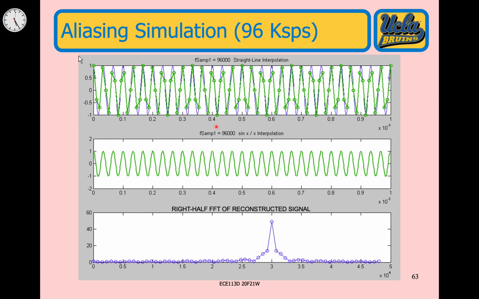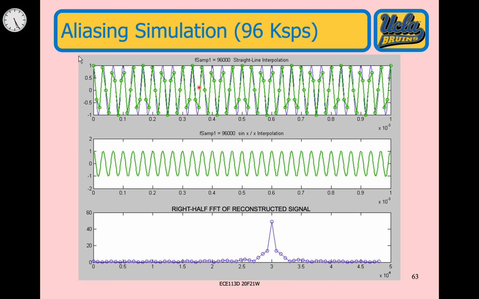All right. So here's a MATLAB script I wrote to show the difference between straight line interpolation and sine x over x interpolation. This is a 3 kilohertz signal that is sampled at 96,000 samples per second.